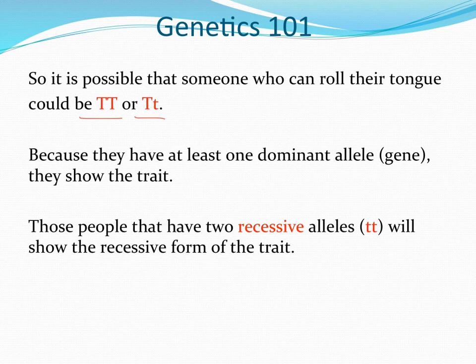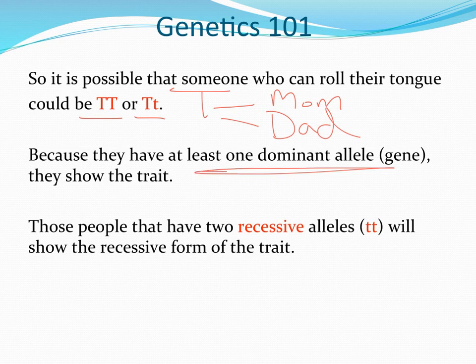In other words, every time you have a big T, and that big T could come either from mom or dad, you're going to be able to roll your tongue because you have at least one of the dominant alleles or genes. Now, the people that have two recessive alleles, or little t, are those that will show the recessive form of the trait, meaning they cannot roll their tongue.